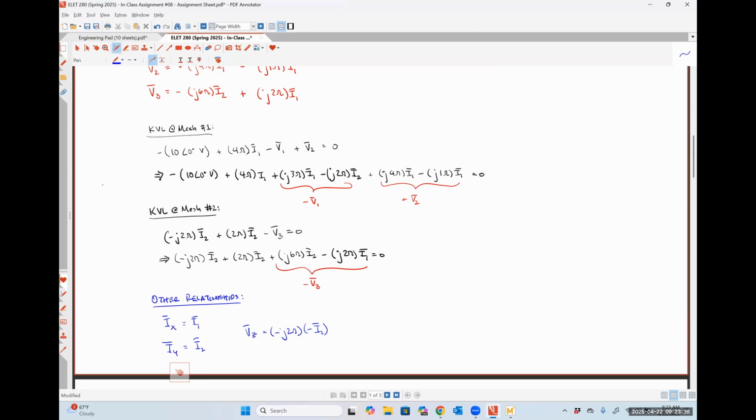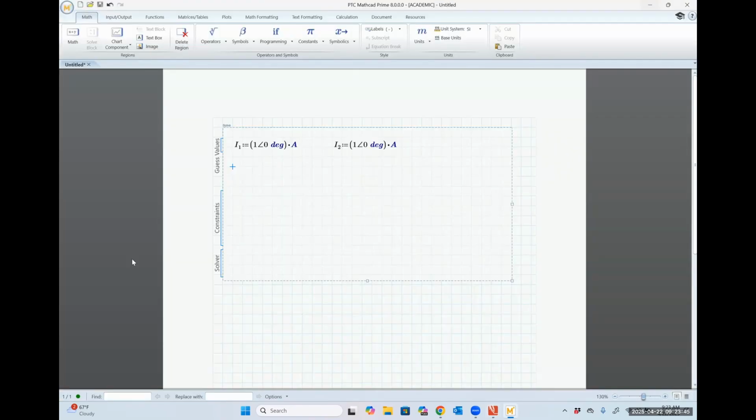So I'm going to do this one on the bottom, the negative 10 angle 0 plus 4 I1, all that kind of good stuff. So let's see.